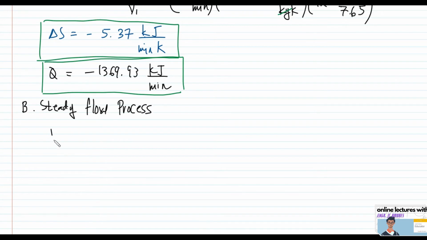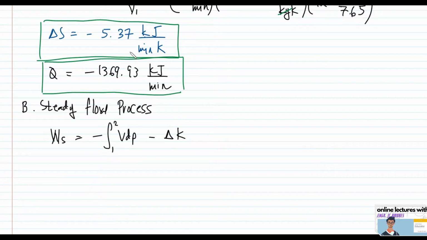Okay, so for the steady flow process, our work would be equal to W sub S. That's the symbol, W sub S, just a change of subscript from W sub N to W sub S. But the formula there would be equal to the negative integral of V dP minus delta K. So this one has limits of 1 to 2.